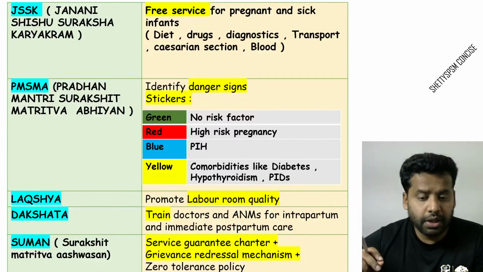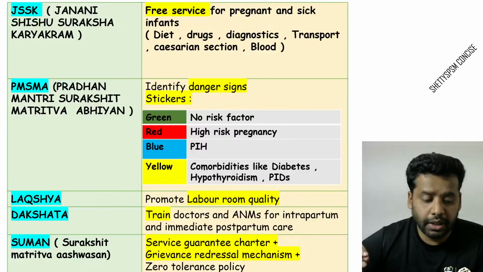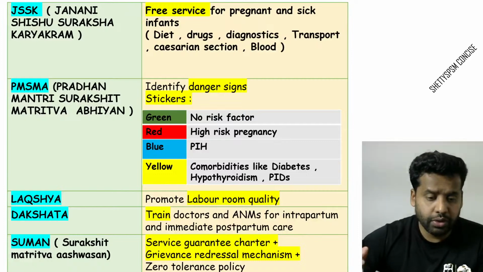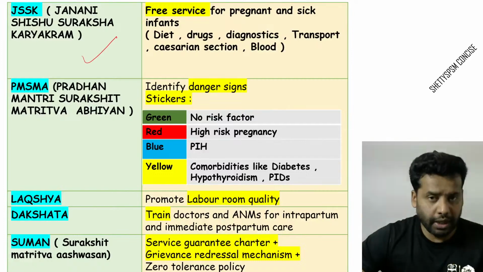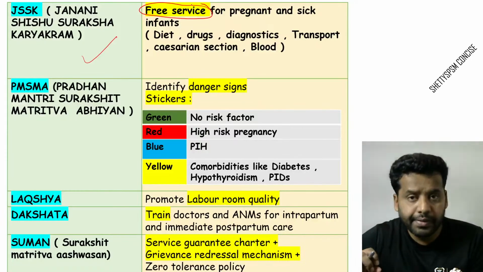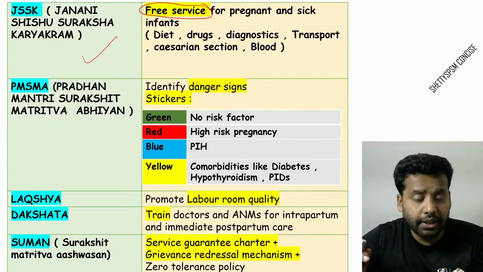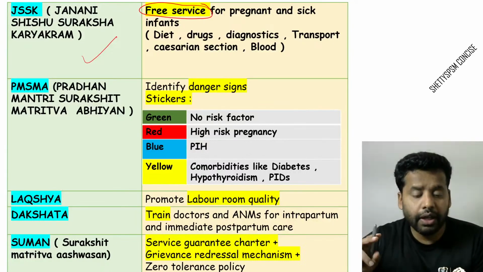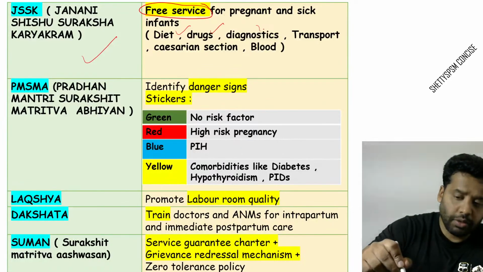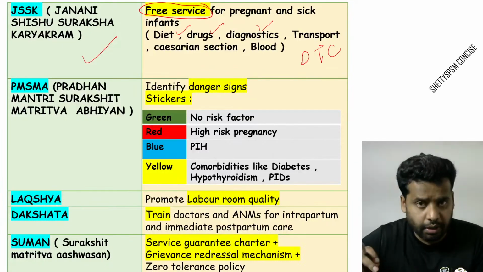Janani Suraksha Yojana will give cash incentives, but you should also know the other schemes related to mother care. JSSK, don't confuse, it is Janani Shishu Suraksha Karyakram, where free services are given for pregnant women and sick infants. It is not sick neonate, it is sick infant. Till 1 year we are giving the services. The mnemonic I usually say in classes is DTC, Delhi Transport Corporation.